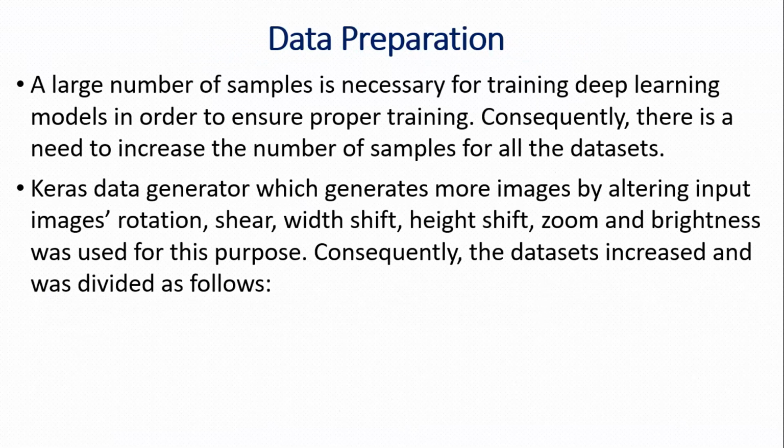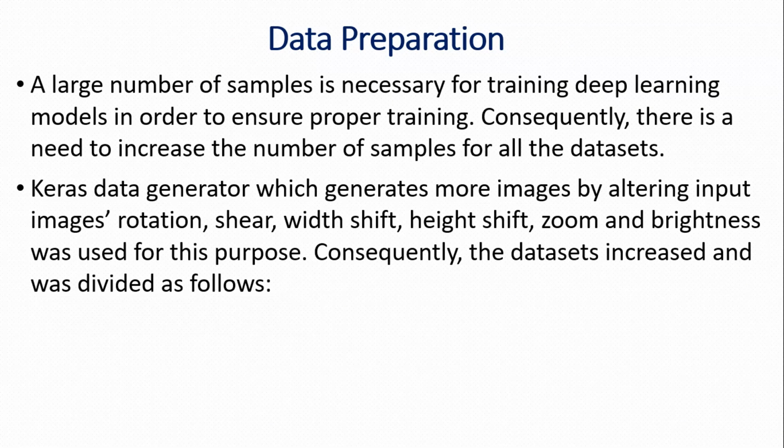Now, like my previous speaker spoke about how it is important for us to use a large number of samples in training, in deep learning, this also applied to our work here, because we needed to augment our data to increase the number of samples so that the training can be done properly.